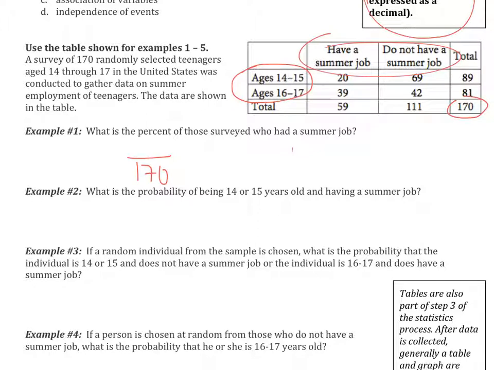And then I want to know, what is the % who had a summer job? How many people out of those 170 had a summer job? 59. So it would be 59 out of 170. Now let's make sure we answer the question the way that it is asked. The question says, what is the %? So if you divide this, you get 0.347, which is 34.7%.